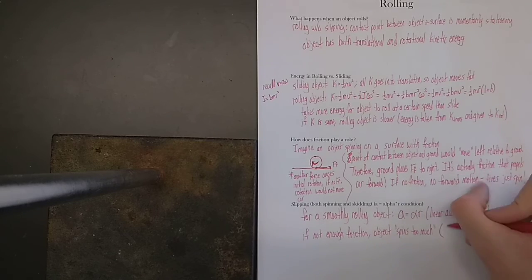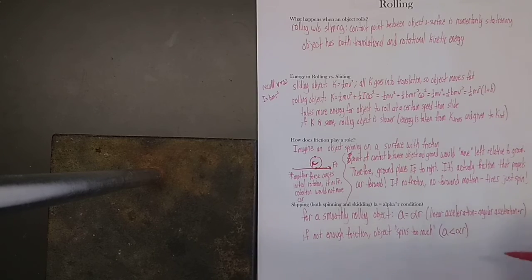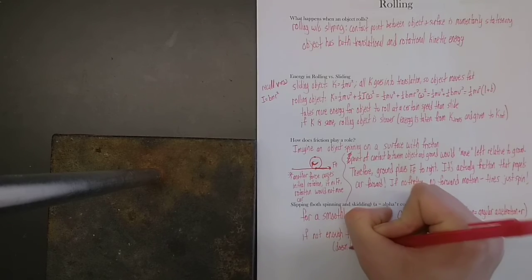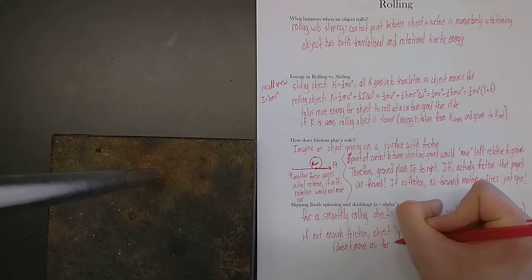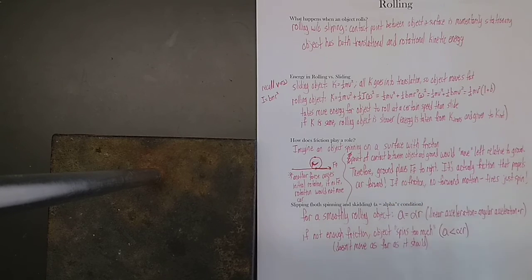And what happens there is that the acceleration is actually less than alpha times R. The angular acceleration, the rate at which the spinning is speeding up, times the radius is greater than the linear acceleration. I'm just going to put in parentheses, it doesn't move as far as it should. Okay, so that's one thing if there's not enough friction.